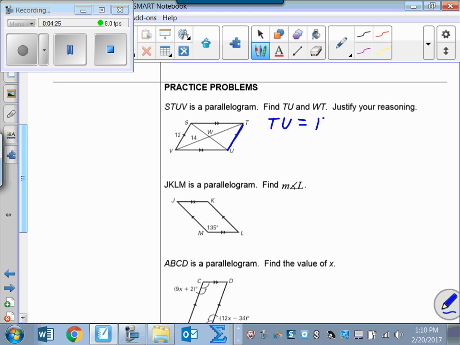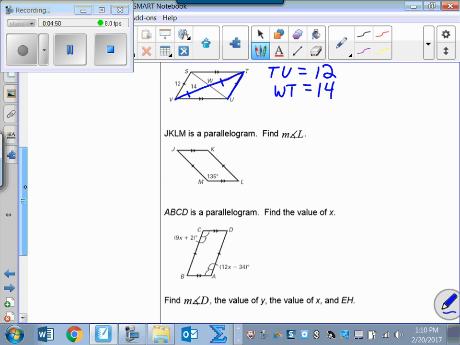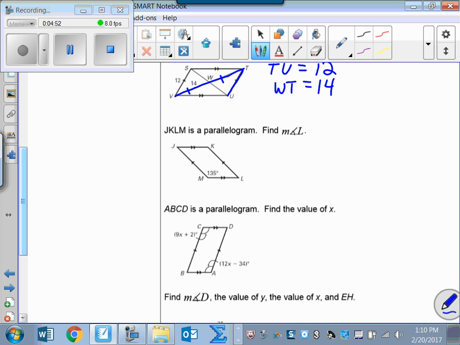TU is 12 because it's opposite SV, which is 12. And WT, what did I learn in my other theorem? I learned that the diagonals bisect each other. So I know VW is congruent to TW or WT, so WT has to be 14 as well. All right, you got to remember these theorems or you're not going to know how to solve these problems.